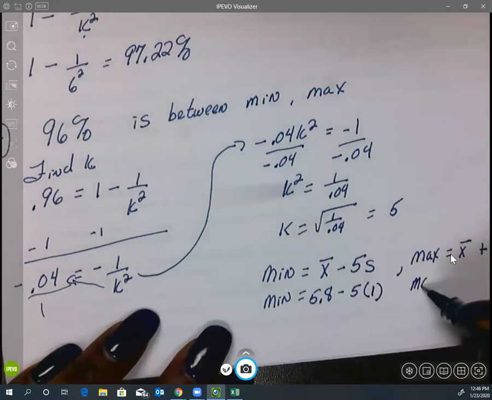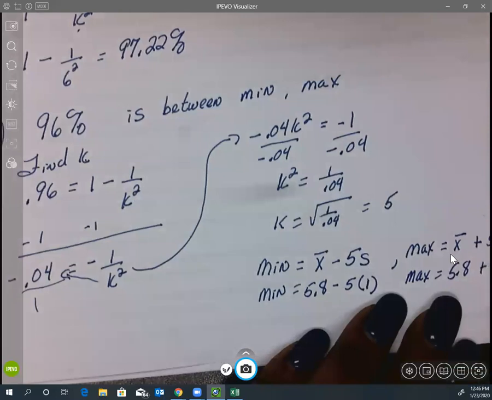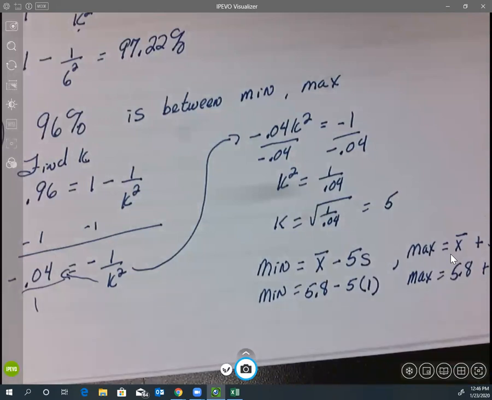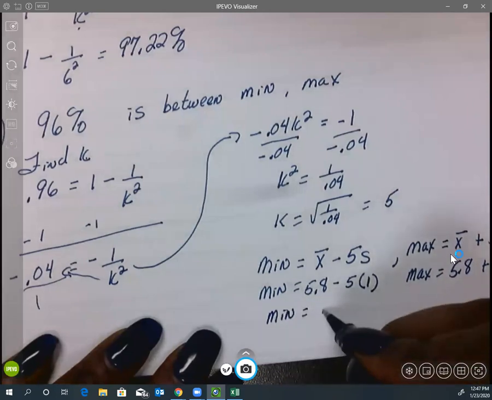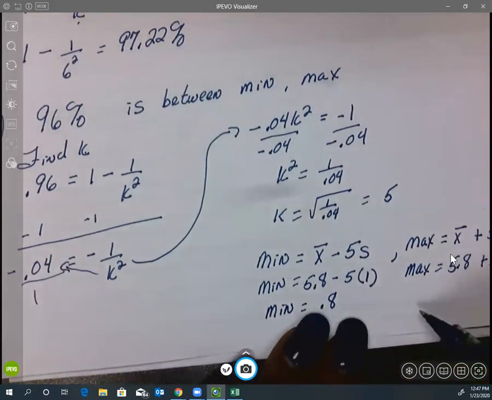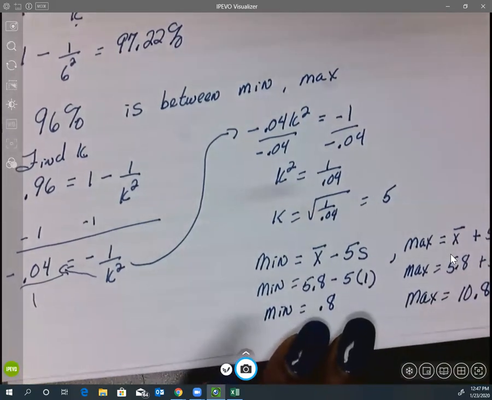Your max. Okay, a little bit of computation. 5.8 minus 5 gives me a minimum of 0.8. 5.8 plus 5 gives me a max of 10.8.